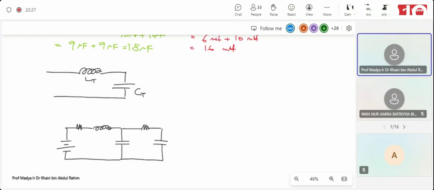This is 2 Henry, 2 microfarad, 2 microfarad. This is 60 volt.